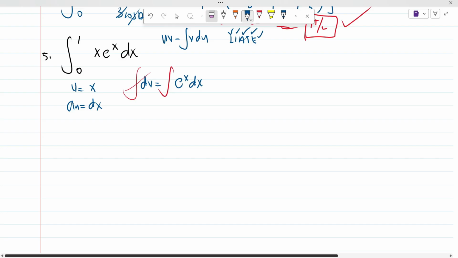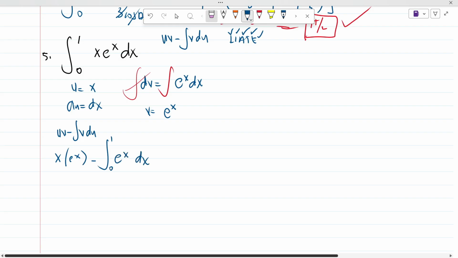So, integrate them both sides. Makakancel yan. Ang matitira dyan is v. Integral of e^x dx is also equals to e^x, guys. Di ba? So, game. uv minus the integral of v du. So, plug and play. u, e raised to x minus the integral of e^x dx, from 0 to 1. Plug and play lang yan, guys.